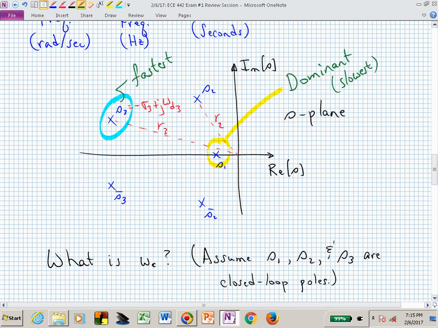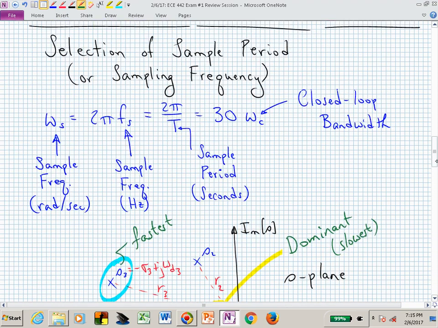What's determining this 30 times omega c? That's a great question. It's a rule of thumb. That's all it is. We'll maybe demonstrate why that might be important, but it's obviously more than the Nyquist, isn't it? The Nyquist was always twice your highest frequency.